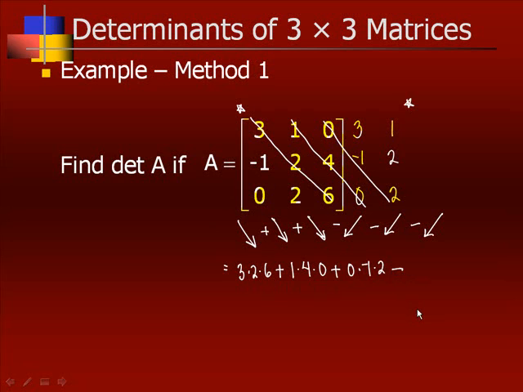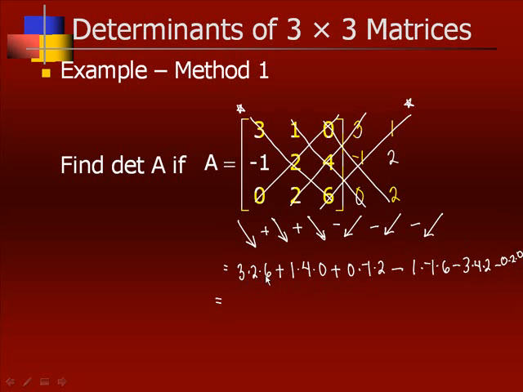We add going over, subtract going back. Then we're going to start here, and we've got this one. 1 times negative 1 times 6. Minus. Then you pick up this one. 3 times 4 times 2. Minus. Then you do this one. 0 times 2 times 0.